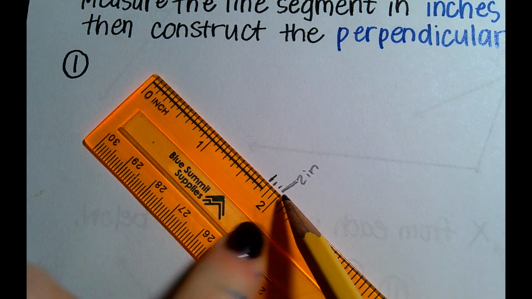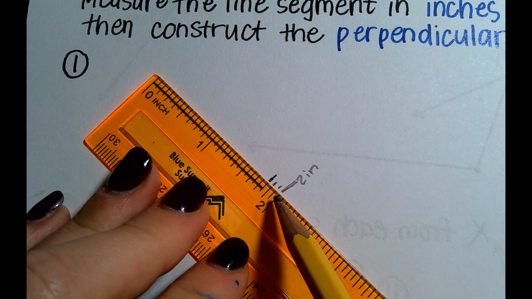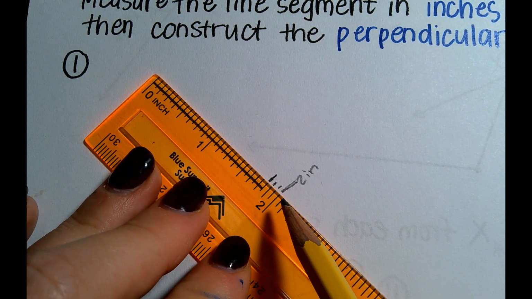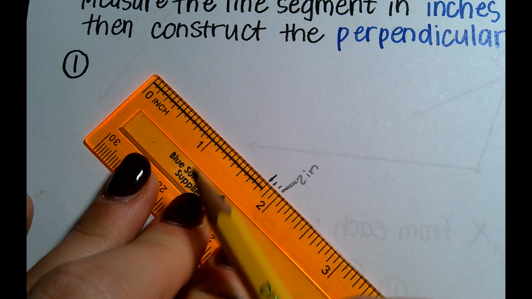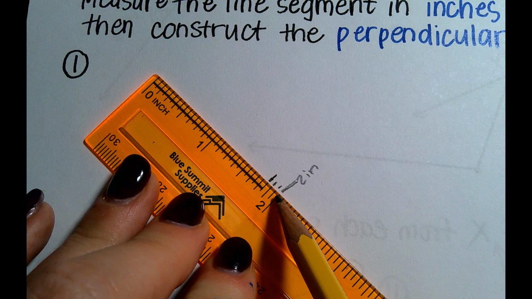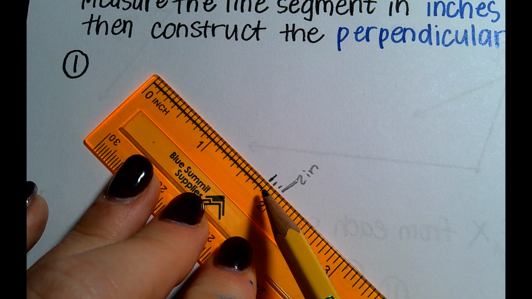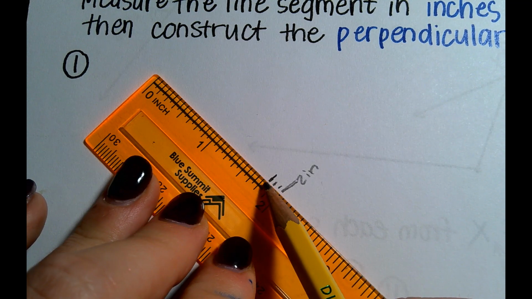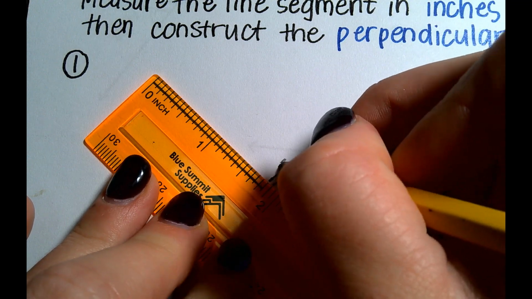So all of these little dashes, remember that they each represent 1/16 of an inch, and there's 16 of them in an inch. So if it is 16/16, I'm going to count backwards. 15, 14, 13/16 is where we land.